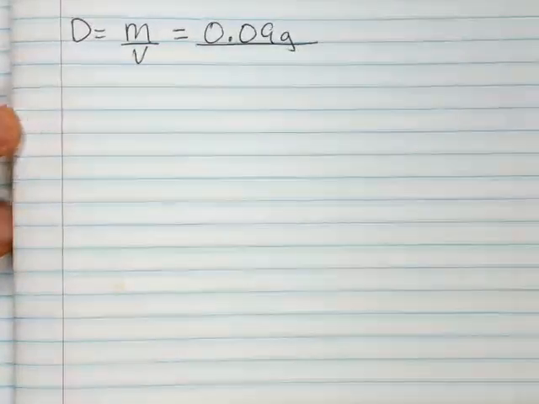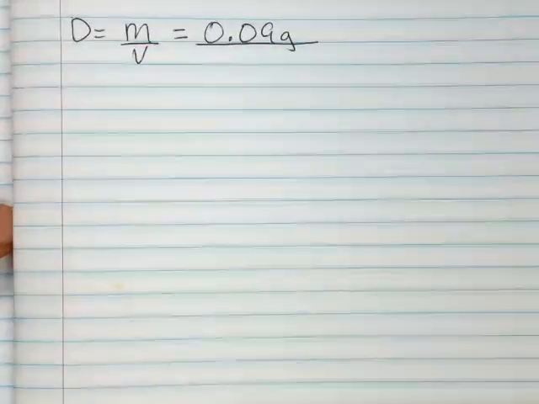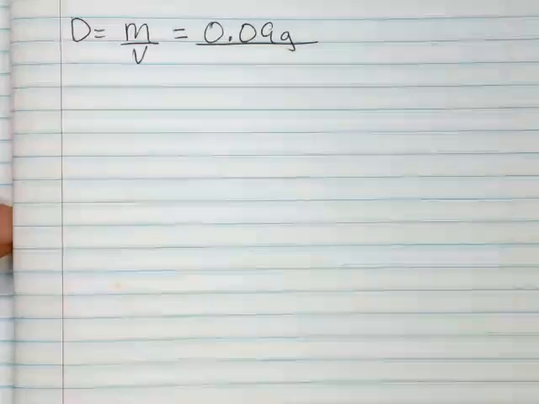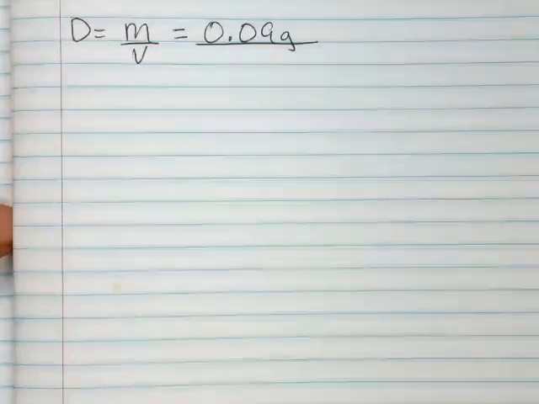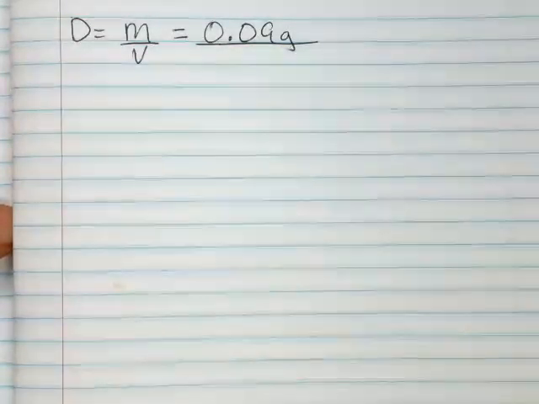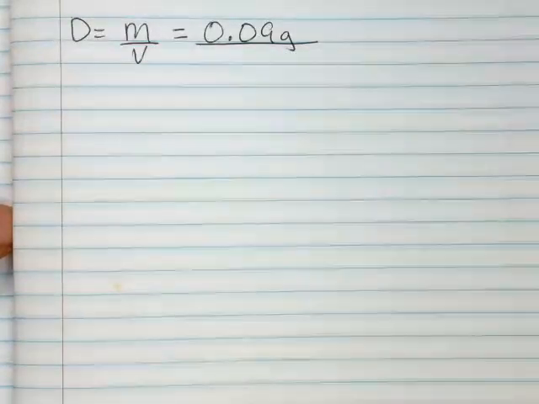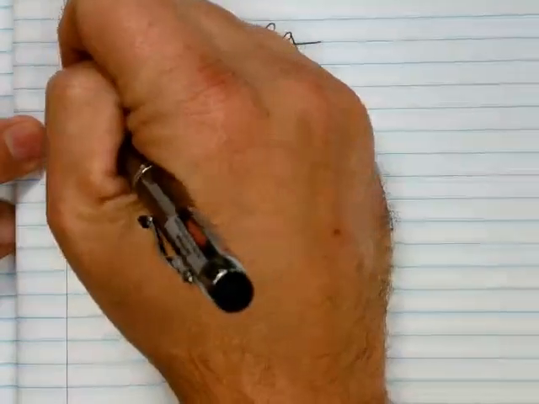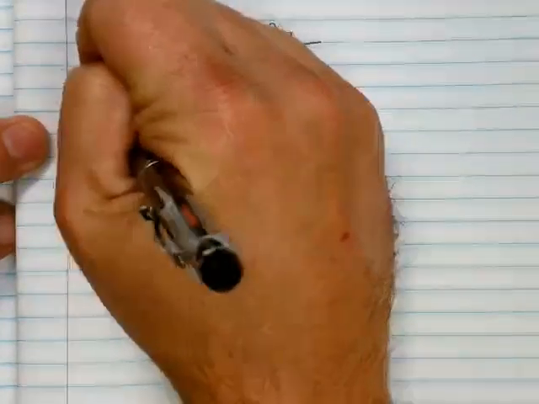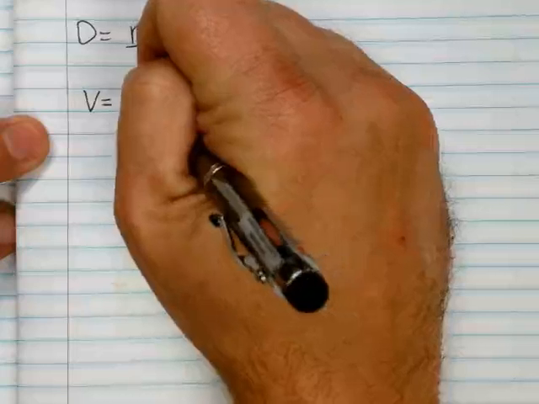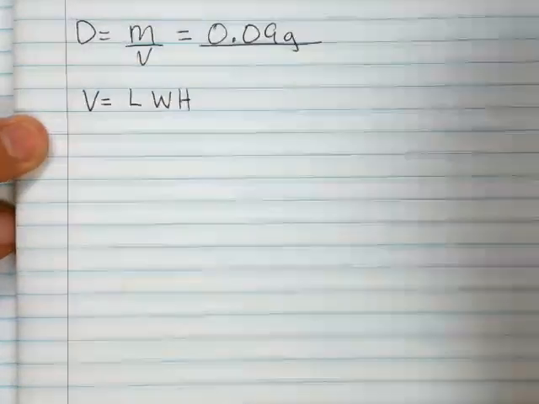What was the quantity for volume? Where did you get that? I multiplied the length, the width, and then I converted the 0.27 millimeters to centimeters, and then I times it.